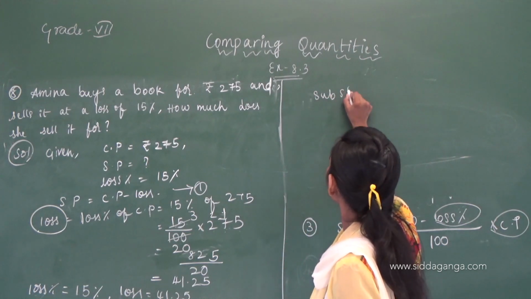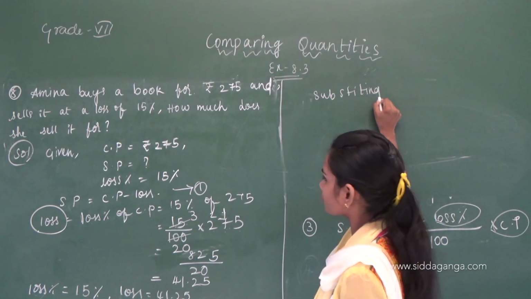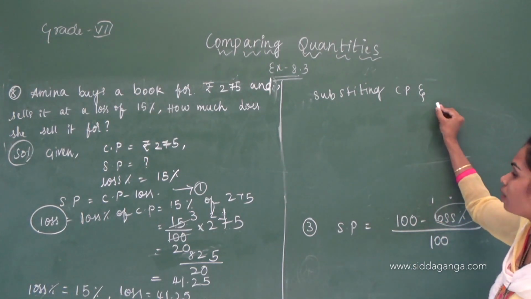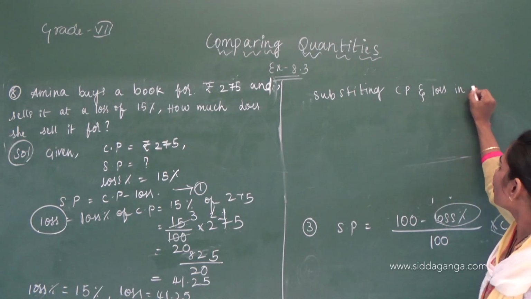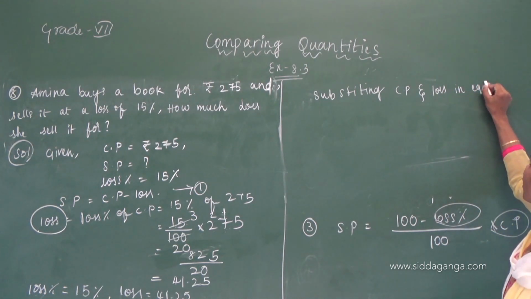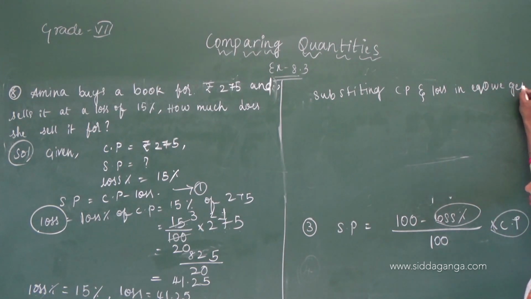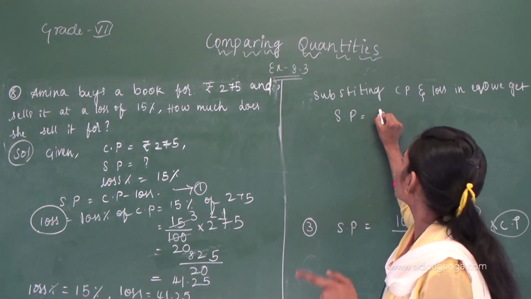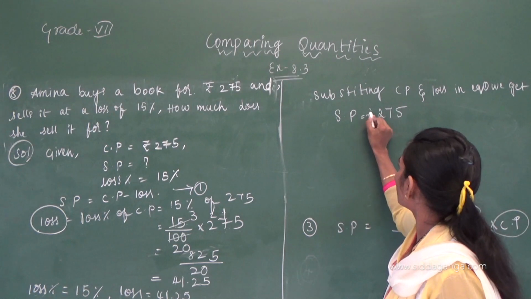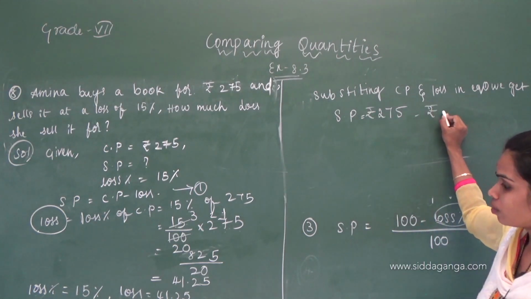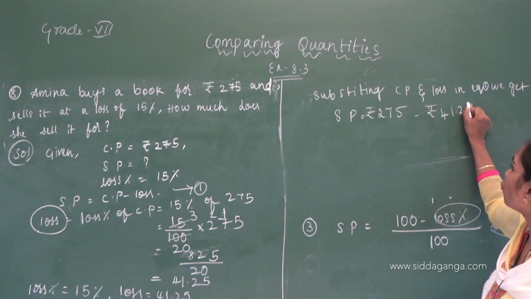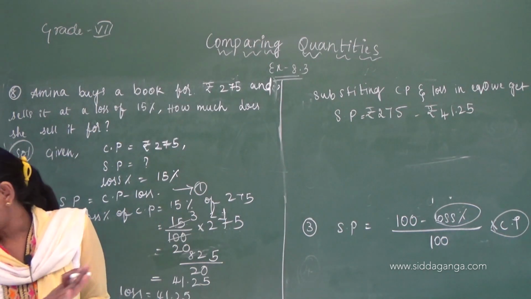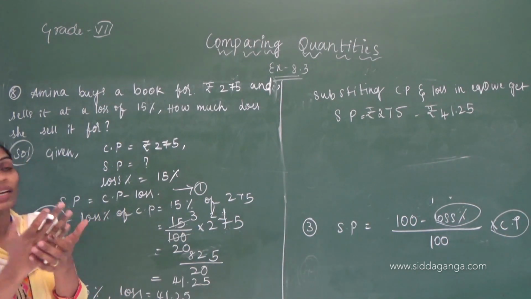Substituting CP and loss in equation 1, we get SP equals to CP, which means 275 rupees minus 41.25. Loss is 41.25. What is the SP of that particular good?